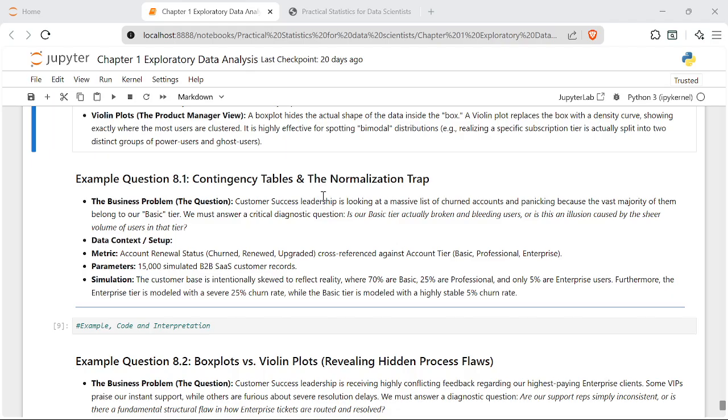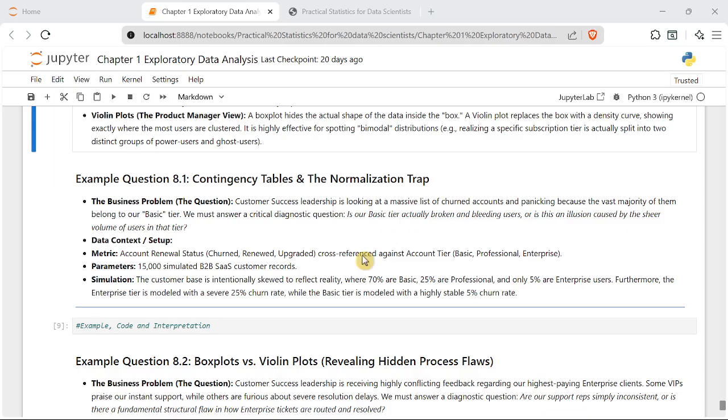Their immediate reaction will be to divert all engineering resources to fix that tier. But today we are going to answer a critical diagnostic question. Is our basic tier actually broken and bleeding users? Or is this an absolute mathematical illusion caused by the sheer volume of customers sitting in that tier?